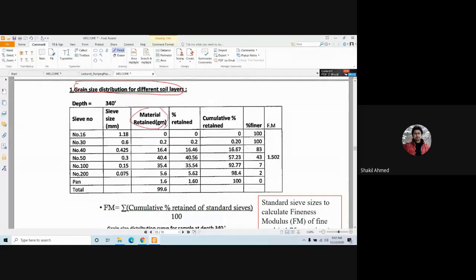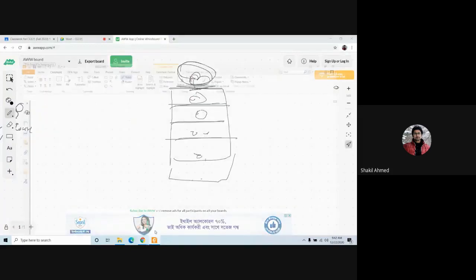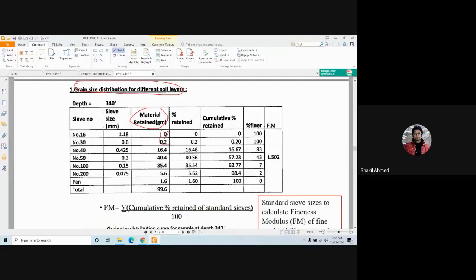Materials retained. So for example, this is the mass retained, right? What is the total? Total is the summation of all of this. You get 99.6. And percent retained is what?